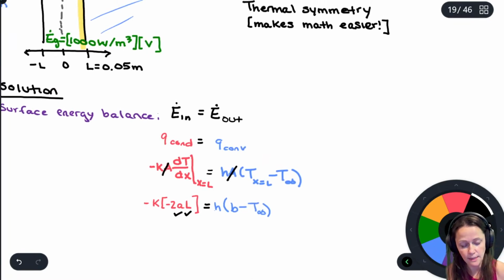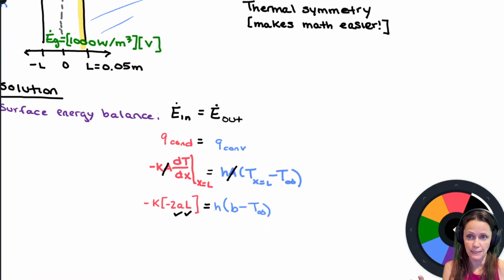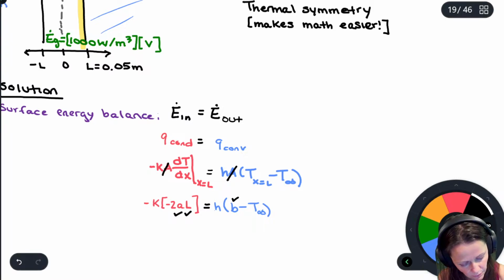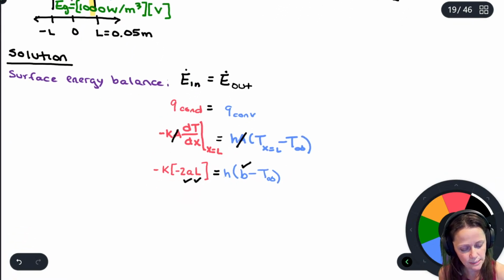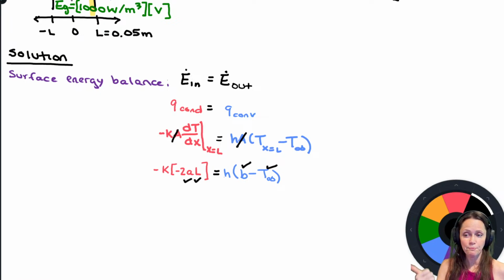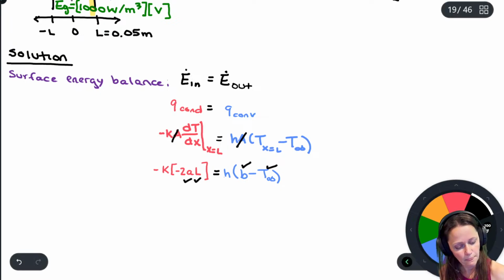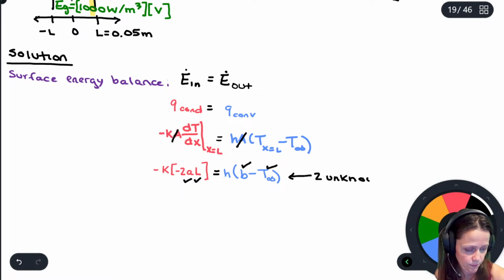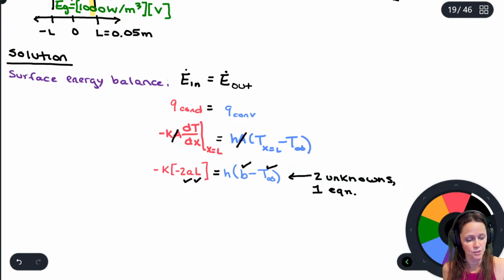I know A, it's a constant given to me, 10 degrees Celsius per meter squared. I'm given B, that was 30 degrees. I've got T infinity, that was 20 degrees. What I don't know is h and k. So I have two unknowns, one equation. Clearly I need another equation.